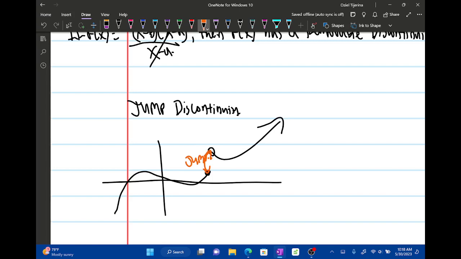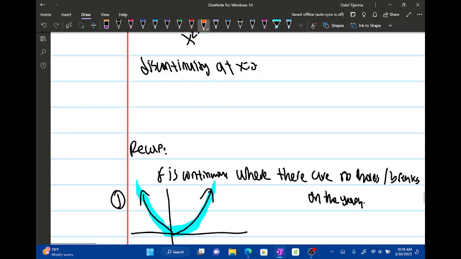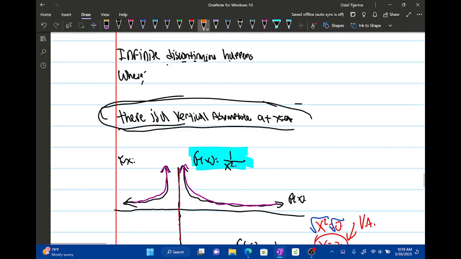And then the last thing that I talked about was the idea of infinite discontinuity.